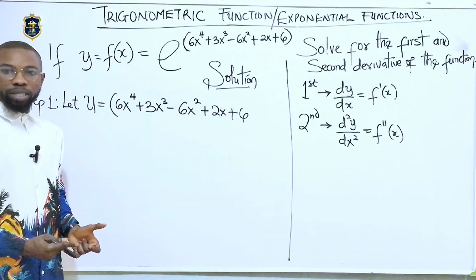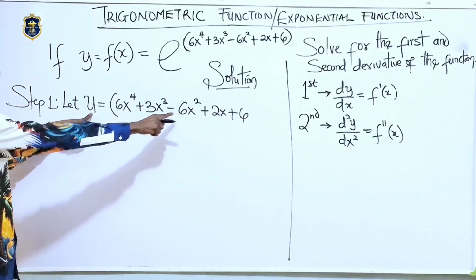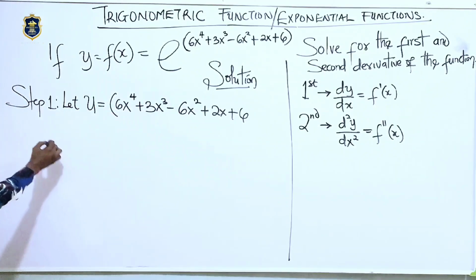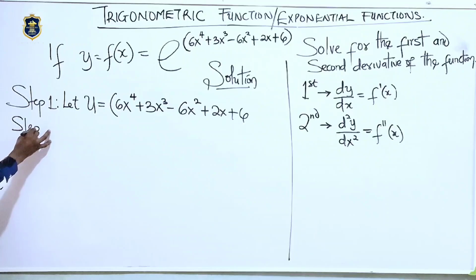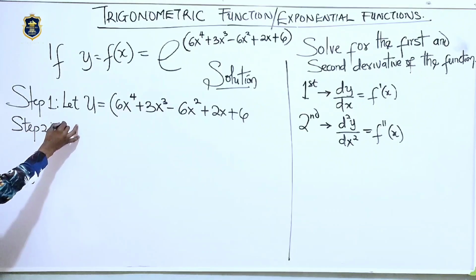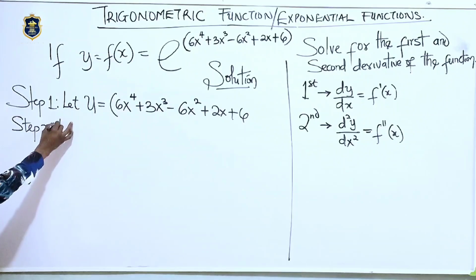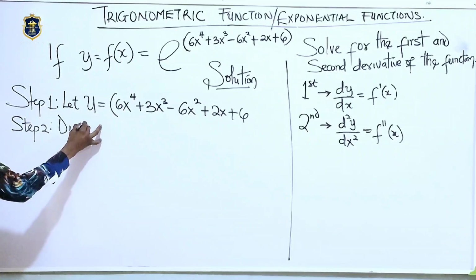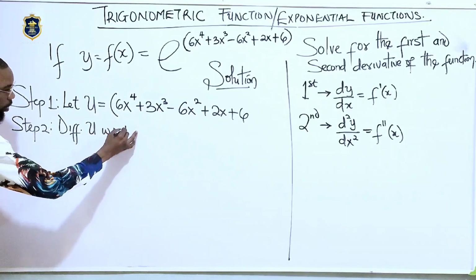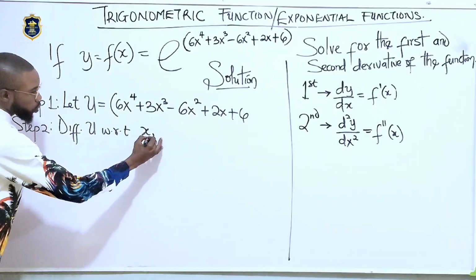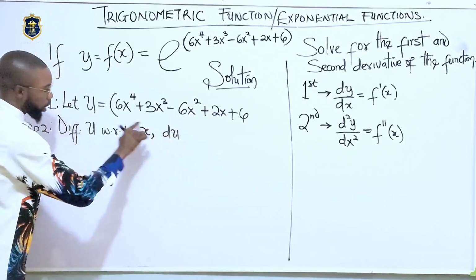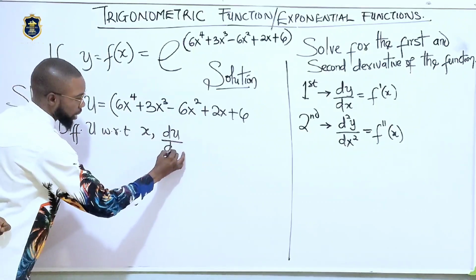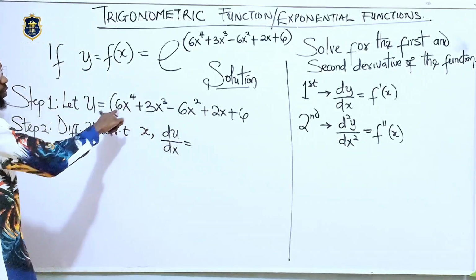So what do we do? We differentiate u with respect to x. Our step two is to differentiate u with respect to x. And how do we do that? We say du over dx becomes what? How do we differentiate this?